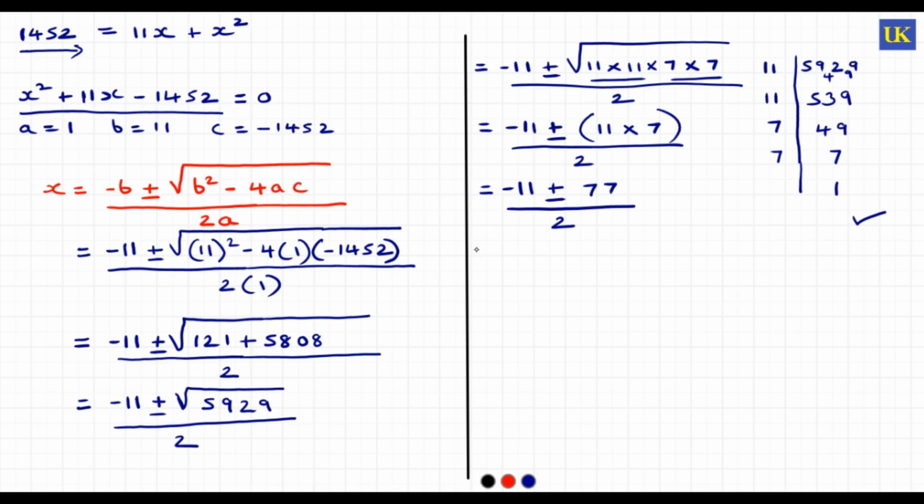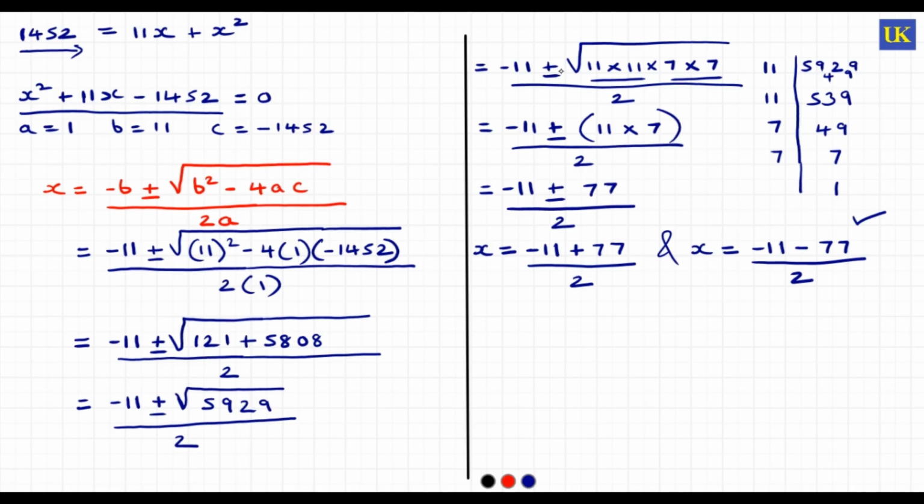So x is equal to minus 11 plus 77 upon 2 one time, and another time x is equal to minus 11 minus 77 upon 2, because that is the rule we follow whenever we bring out the numbers from the root.